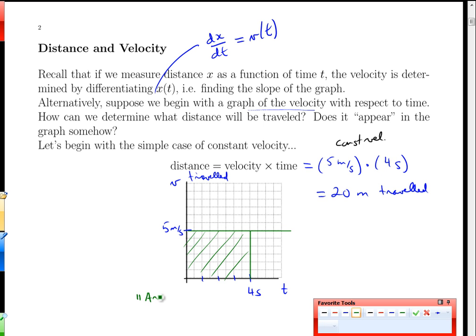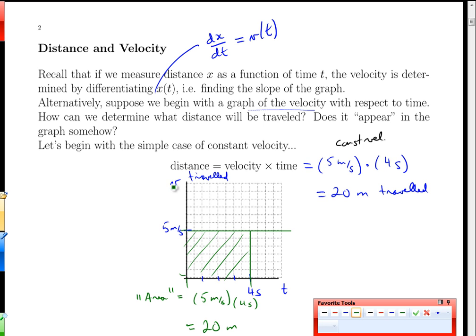Now here, this area is a little sketchy in terms of square meters or something like that, but if we take the units of each of the axes, 5 meters per second on this side and 4 seconds on this side, multiply out the units, we would get our 20 meters of distance traveled. So somehow it seems that this product idea can be visualized in a graph as an area.